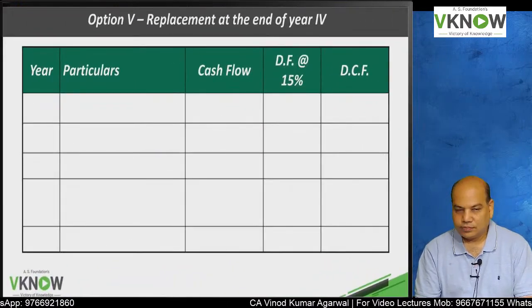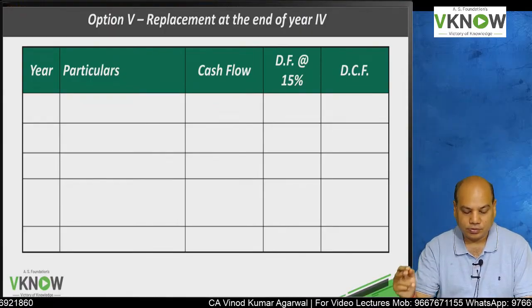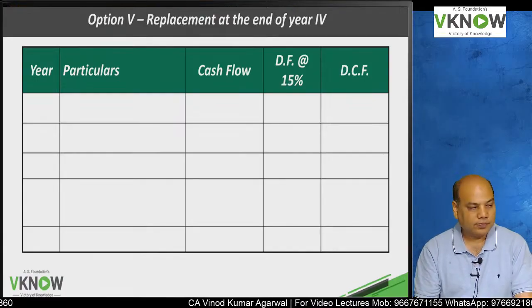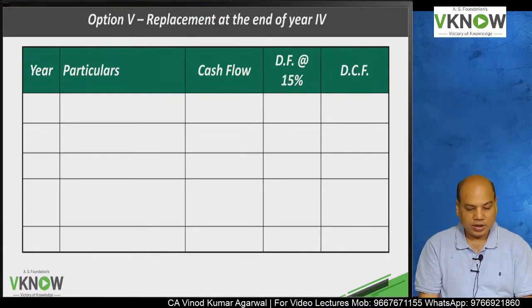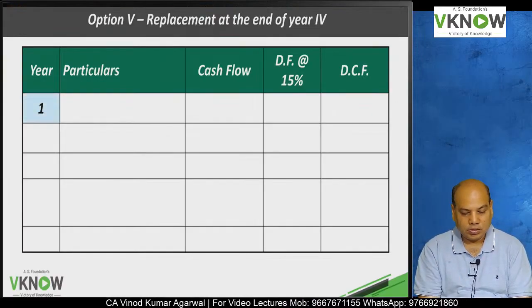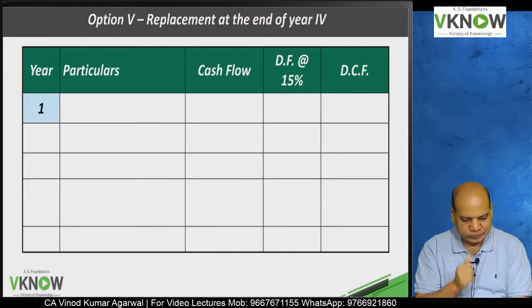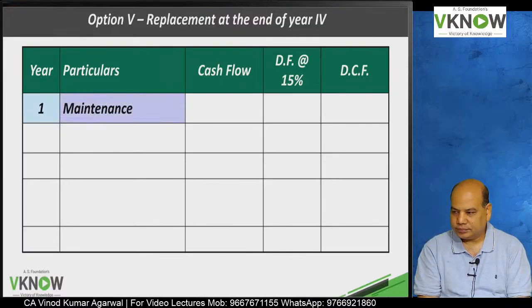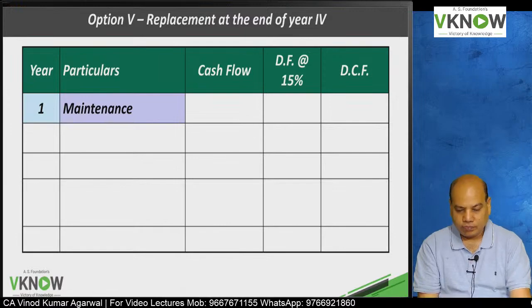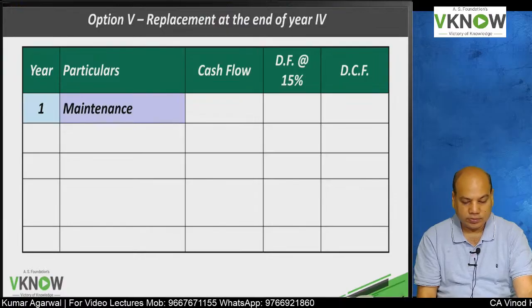Okay. Now finally option 5. Replace at the end of year 4. We have to draw the table. Year, particular, cash flow, discounting factor, DCF. Year 0 write down, year 1 write down, because we are going to use it for 4 years.